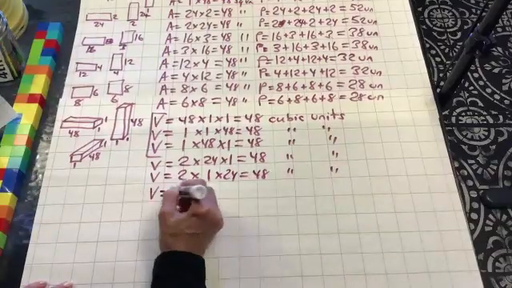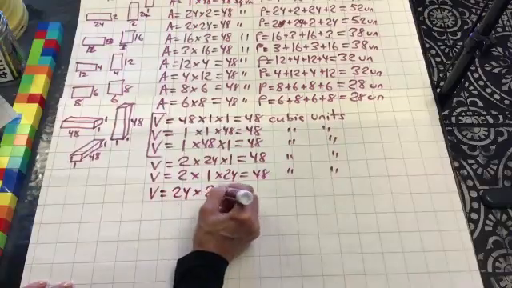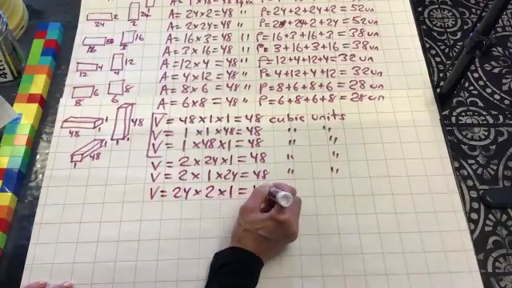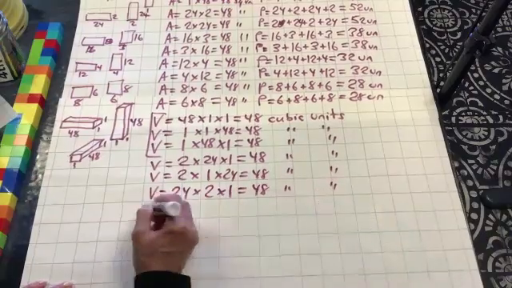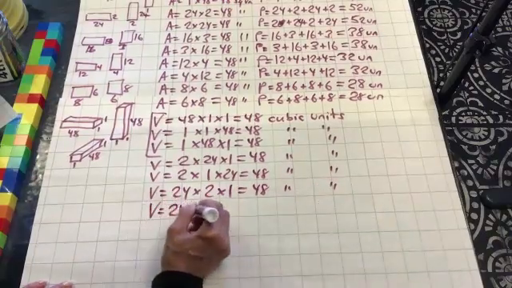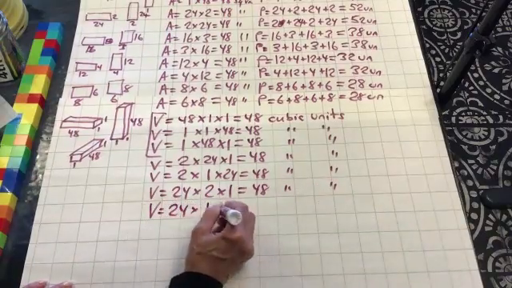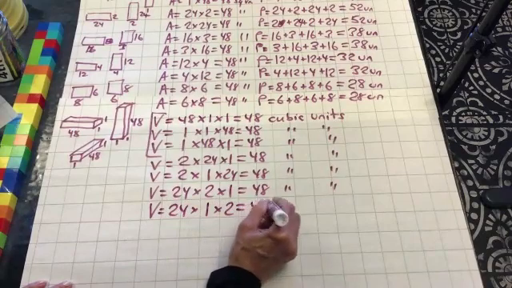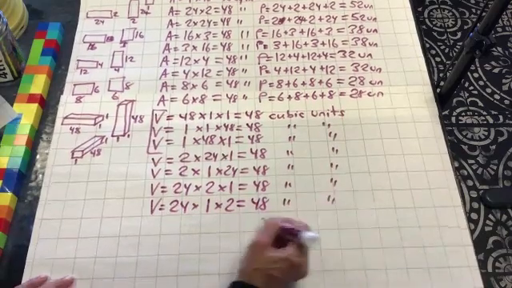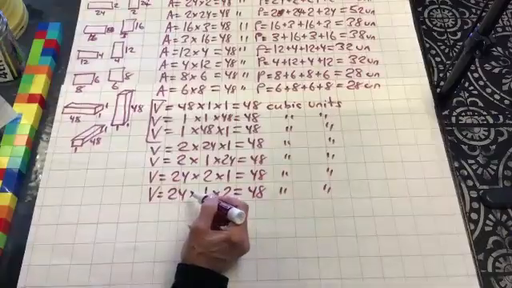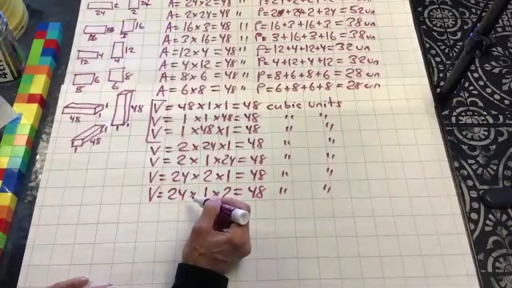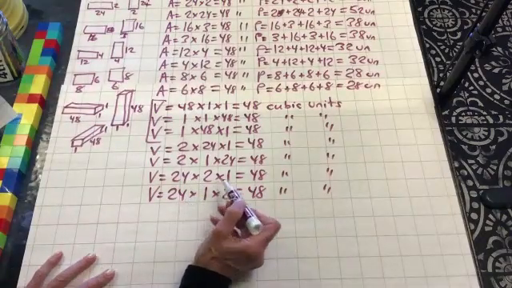And then we can write it again, 24 by 2 by 1 equals 48 cubic units. And we can write that one again, 24 times 1 by 2 equals 48 cubic units. So we're just playing with the numbers, seeing how many ways we can write the same thing. All of these equal the same.